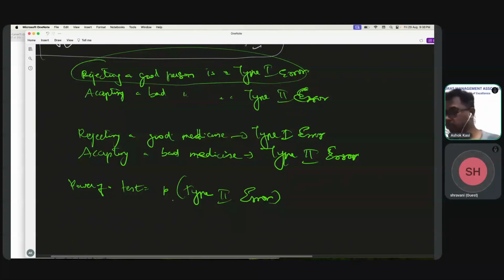Say for example, if the probability of type 2 error is 30 percentage, then power of a test is 1 minus 30 percentage, which is 70 percentage. Power of a test is 1 minus probability of type 2 error.